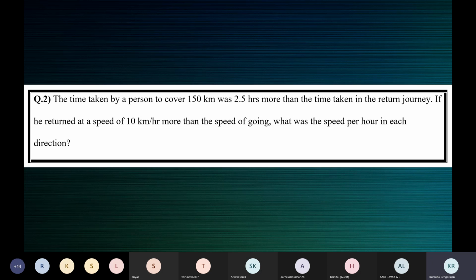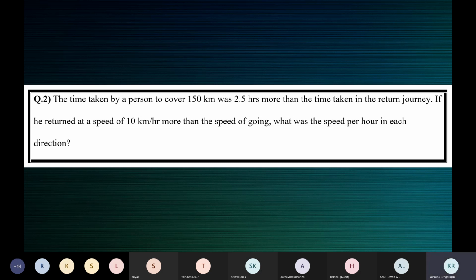So the time taken to cover the distance of 150 kilometers in the onward journey minus the time taken to cover 150 kilometers in the return journey is equal to 2.5, or 5 by 2.